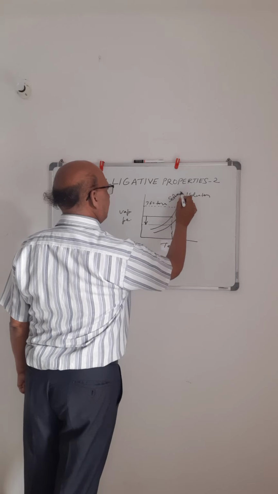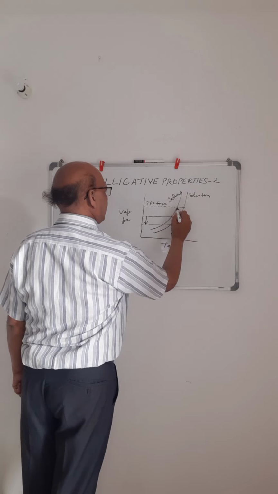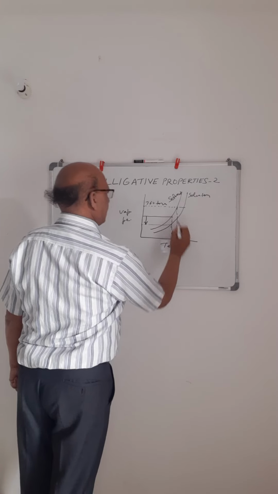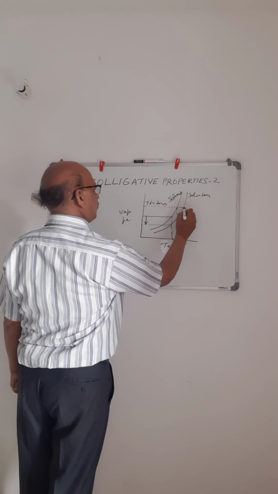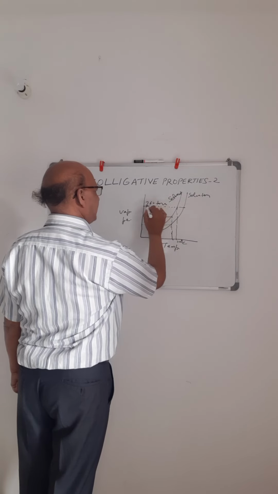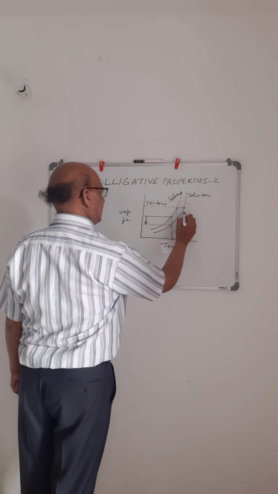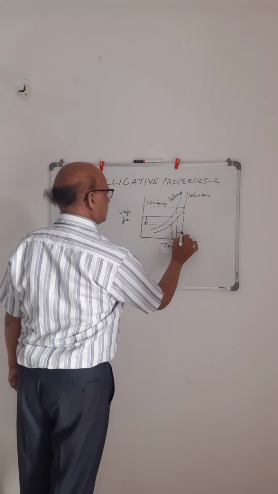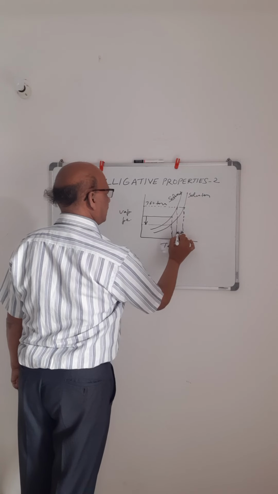So if this is the pure solvent, then this temperature will be 100 degrees Celsius. And what about this? This is the boiling point of the solution at the same pressure, and we see that this is higher than 100 degrees Celsius by this much.